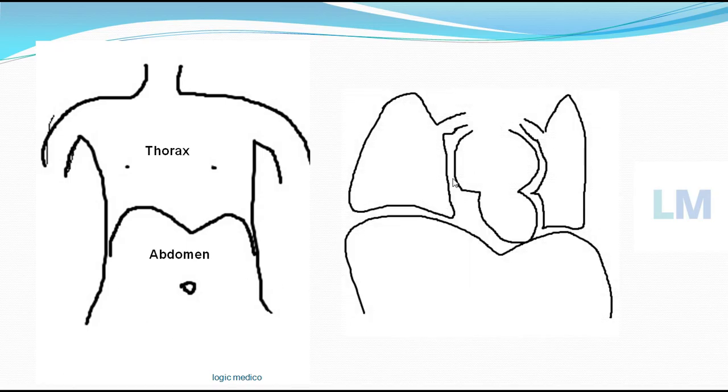So let us see what is there in the upper part of the body called thorax and the lower part called abdomen. In the thorax, there is one hemiconical structure, the right lung on the right side of your chest, and obviously on the left side of the chest, the left lung.